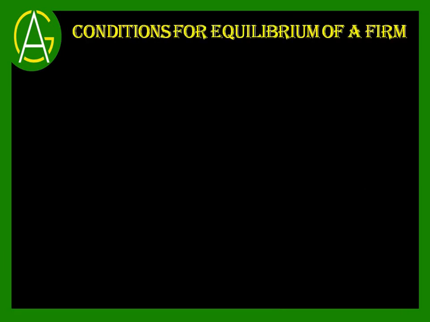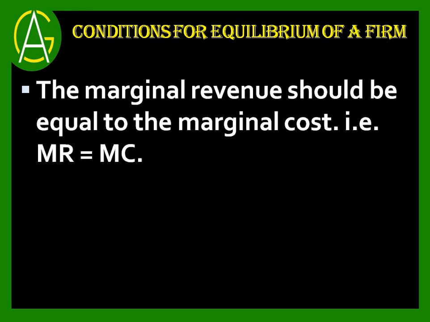Now, the conditions for equilibrium of a firm. We have already learned this principle, behavioral principle number 2, in unit number 1 of chapter 4. We had seen that the profit maximizing level of output is where marginal revenue is equal to marginal cost. Where marginal revenue and marginal cost are equal, it is considered the equilibrium point of the firm.